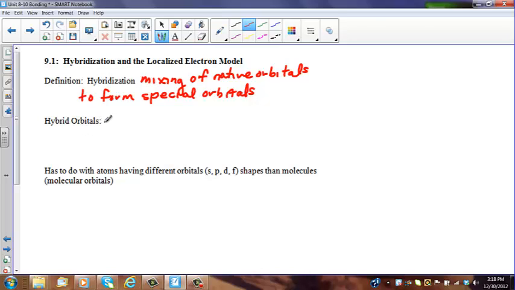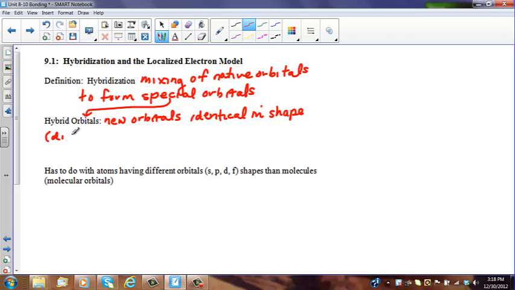Now, what should we know about hybrid orbitals? So the hybrid orbitals are basically the special orbitals that are formed. Okay, so these are new orbitals, identical in shape, and they're different from what they were in the free state.